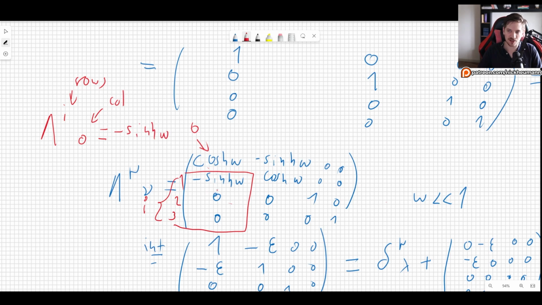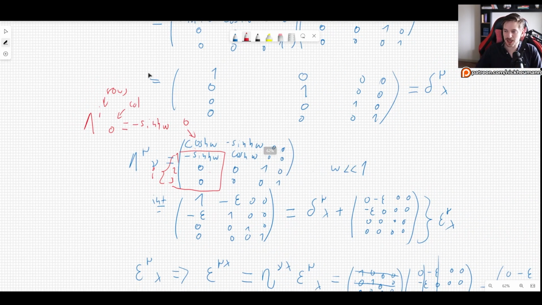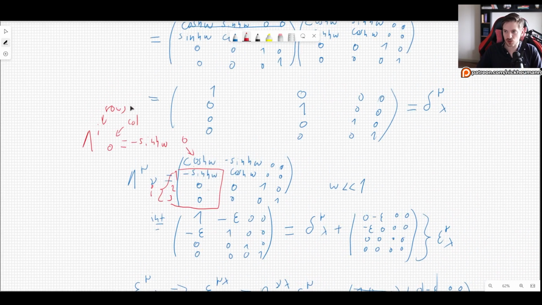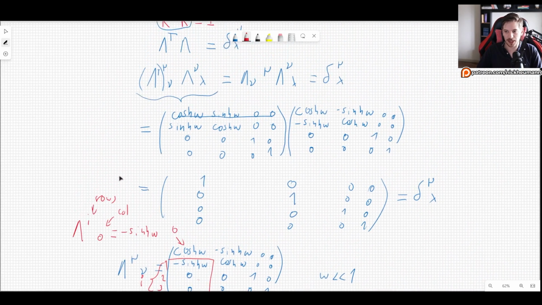All of the other ones are 0, right? But of course, if we want to keep this general, we don't really want to specify which of those rows are 0, because then we're saying, oh, then we are doing a transformation around this particular axis, and we want to keep this general. But keep in mind, only one of them is going to be not 0, and it's going to have a value of minus sinh.